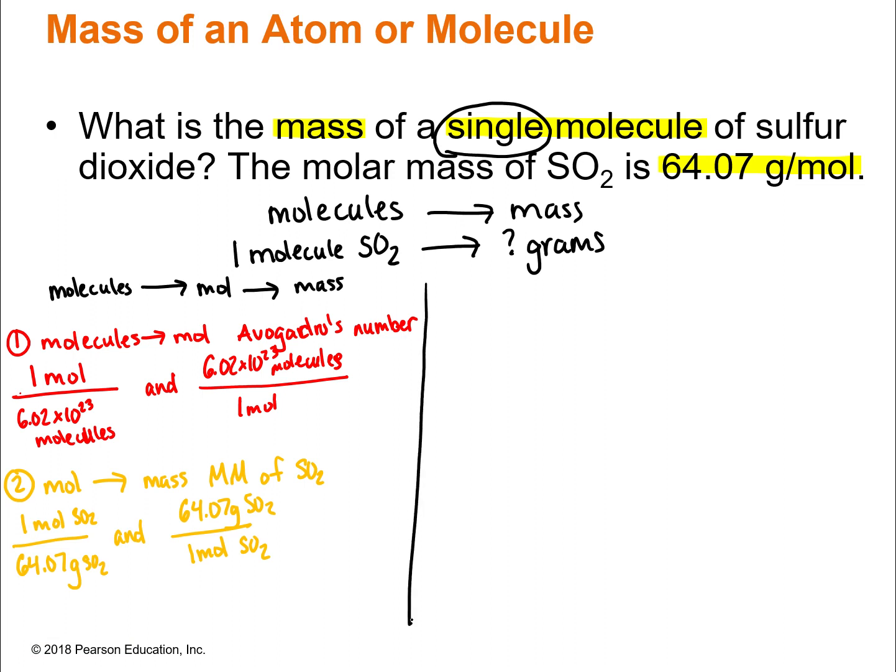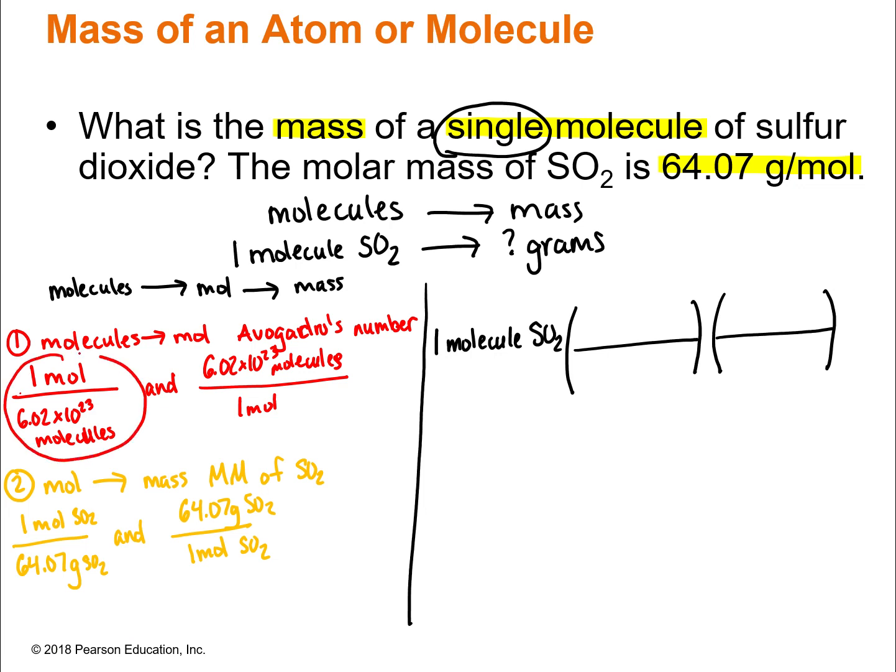Then we put it all together. How many molecules do we have? 1. We figure out which unit factor we need, molecules in the bottom to cancel out.